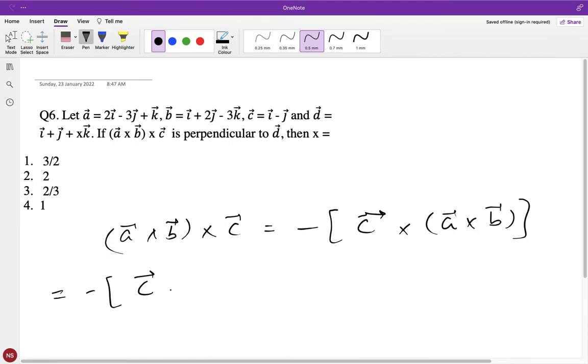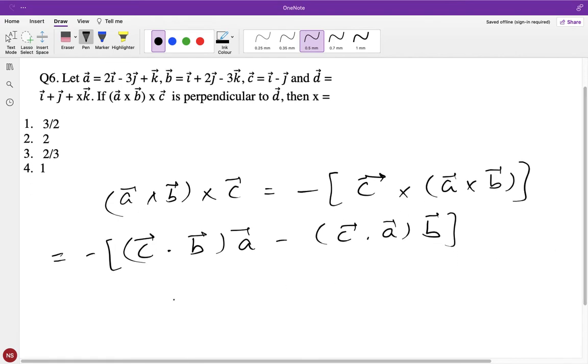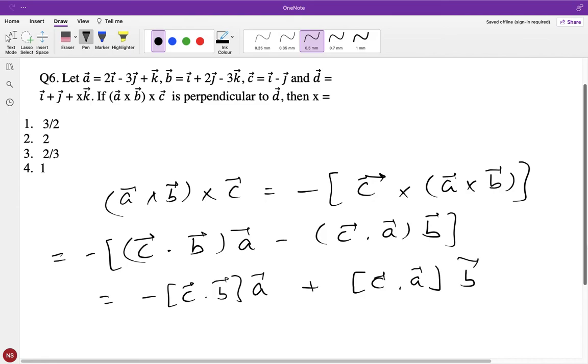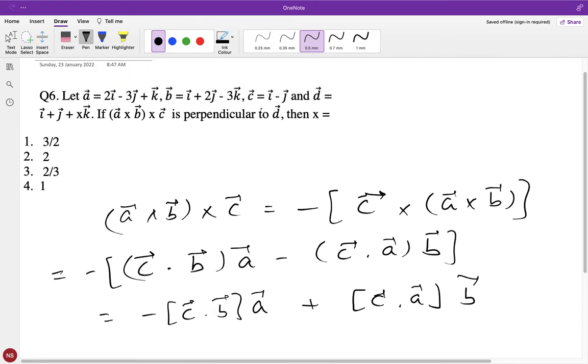So c dot b times a minus c dot a times b. So this is equal to minus c dot b times a plus c dot a times b. c dot b. So c is what? i minus j, and b is i plus 2j.